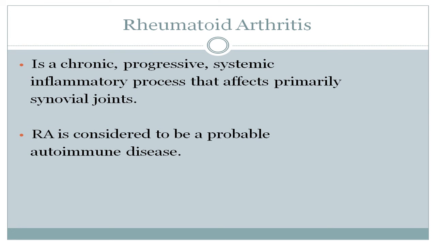Well, when something is autoimmune, the immune system is attacking what it was sent there to protect. It's attacking the body. So anytime we have something autoimmune, it's the body attacking itself.